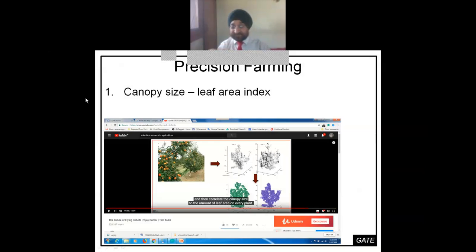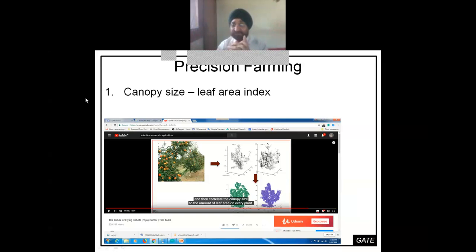Now the canopy size: how much area the top part of the plant covers, that's called the canopy of a plant. Then the leaf area index: how many leaves, how much shadow there will be.